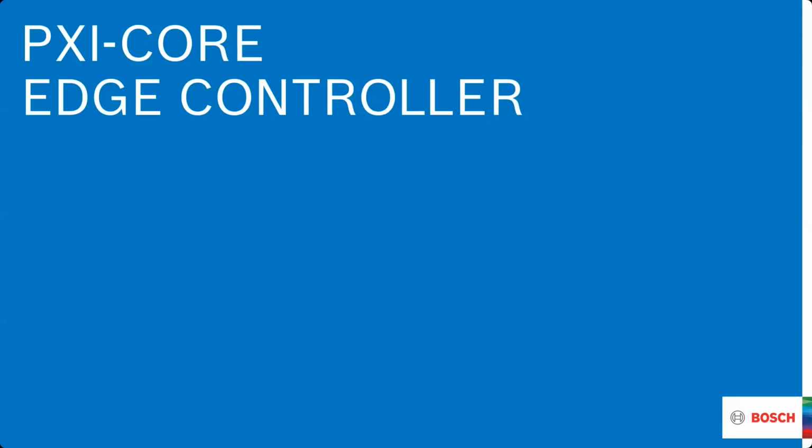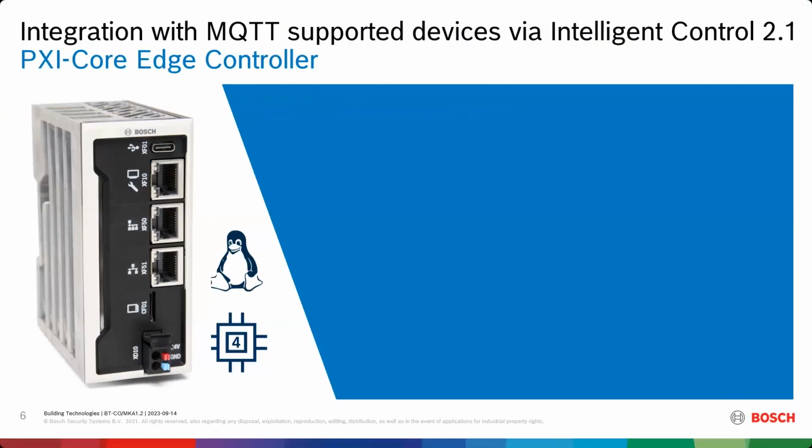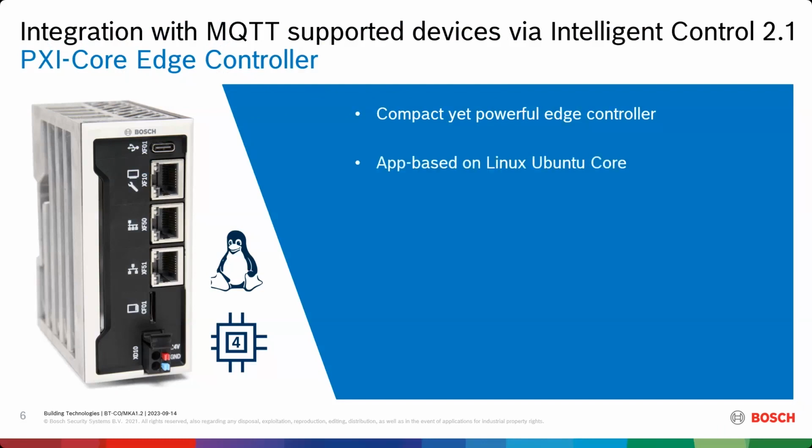Good, let's start with a small recap. PXI-Core Edge controller, we introduced this device before already. It is commercially available, and this is actually what it looks like. So it is a small, compact industrial PC device, which is 19-inch rack mounted. You can just mount it on a DIN rail.